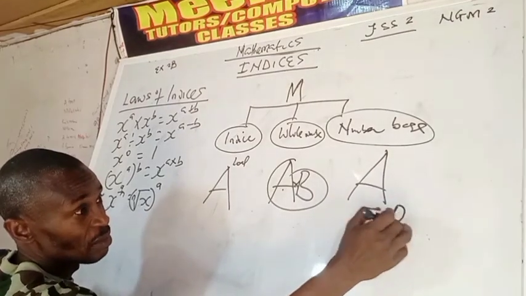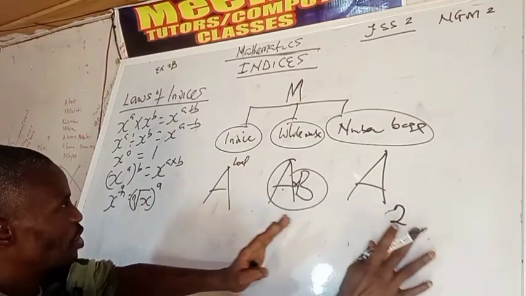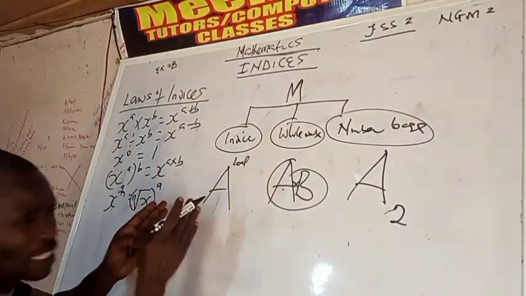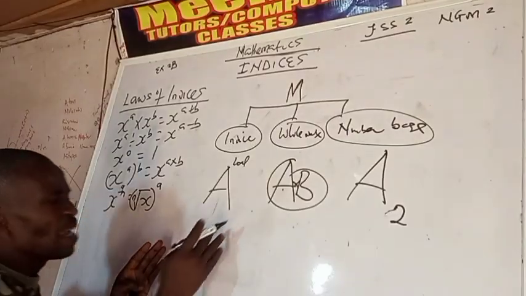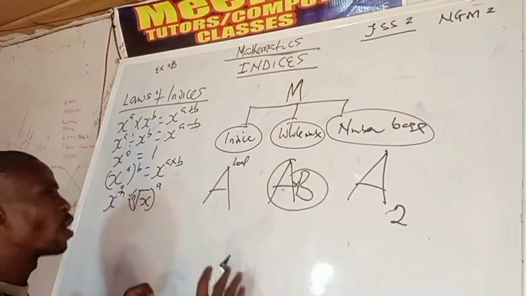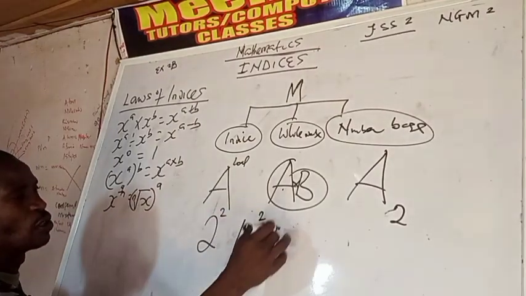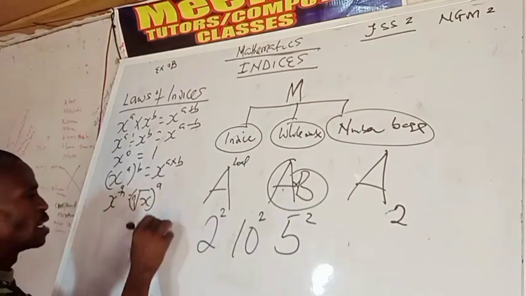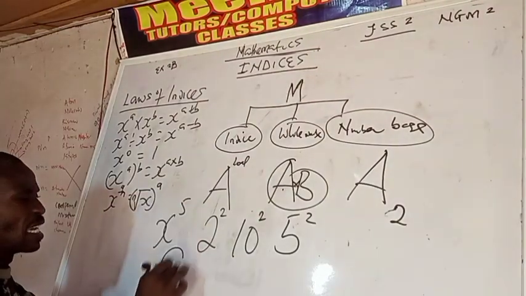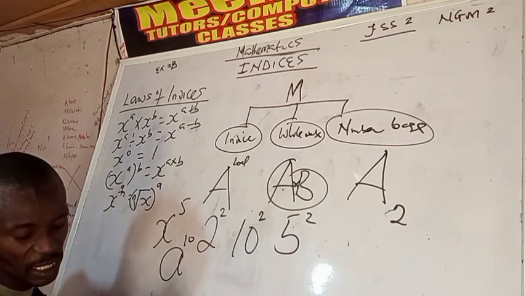That is number base. So this thing has been shared. We are going to take it one after the other. Any mathematical expression in exponential form, you see, 2 raised to power 2, 10 raised to power 2, 5 raised to power 2, s raised to power 5, a raised to power 10. All these ones are what? Indices.